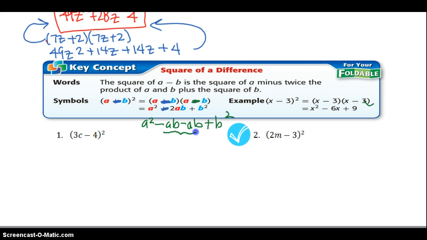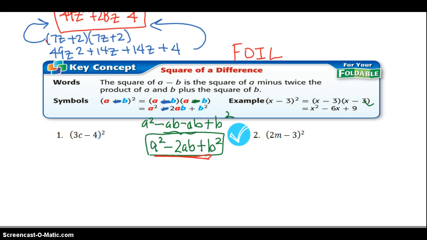So I'm going to combine my like terms. a squared minus 2ab plus b squared. And that is what is going to happen every single time you square. However, when in doubt, you can always FOIL it out and get this same answer.